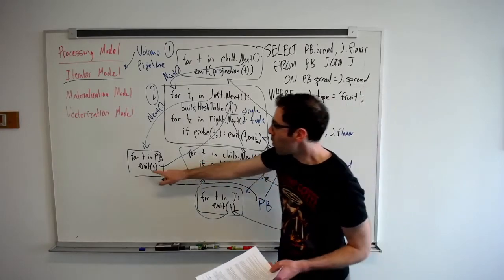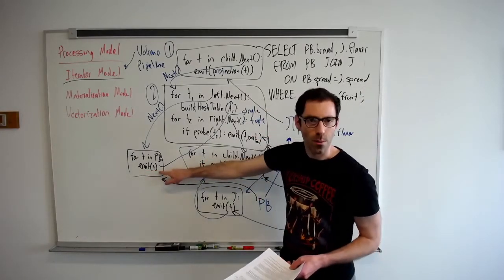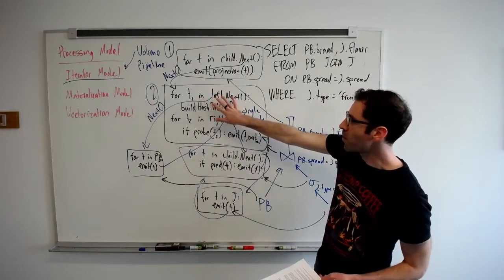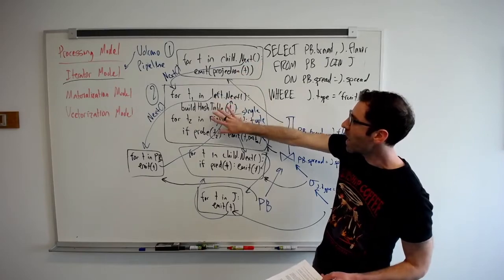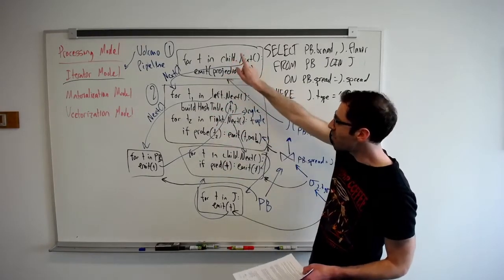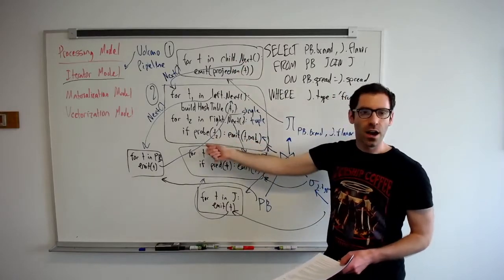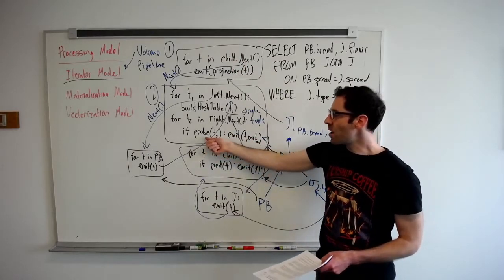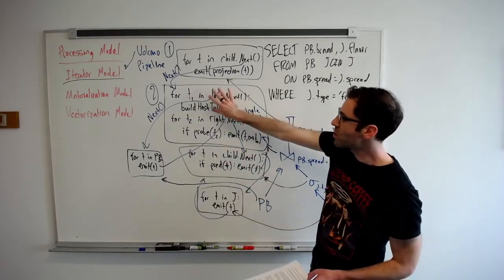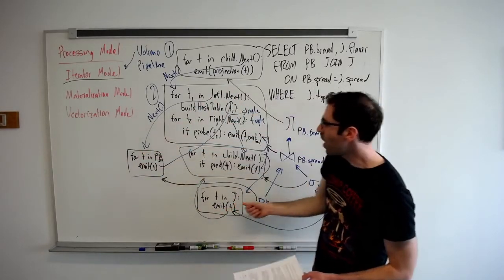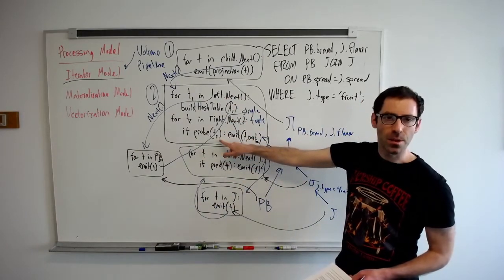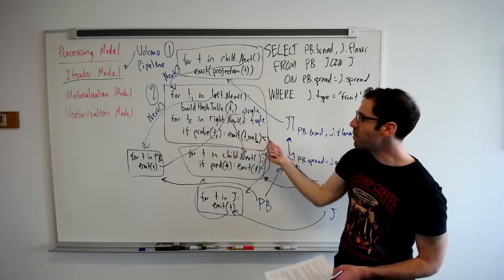For example, when we emit these tuples from our peanut butter table to the join operator, the join operator can't actually output tuples to its parent. It can't send them back up until the join is mostly or entirely complete, right? It needs to get all the tuples from the left to build that hash table before it can start finding potential matches and emitting join tuples.